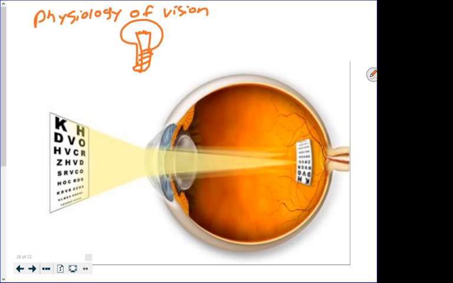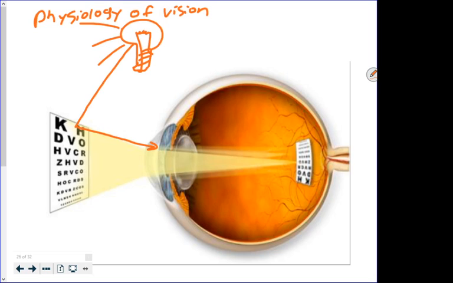So we need light, obviously, to see stuff, right? How does light help us see stuff? Okay. So the light shines, and then some of that hits an object, and then what does it do? It reflects, right? And that's how we see, is light bouncing off objects.